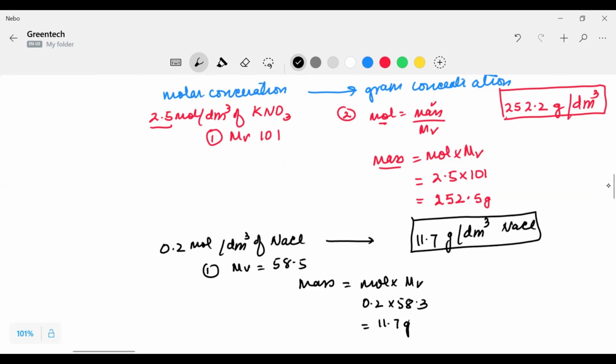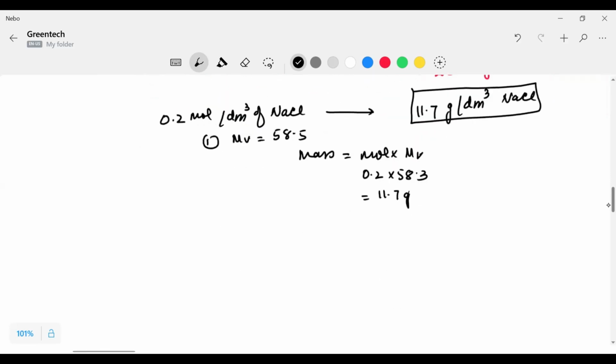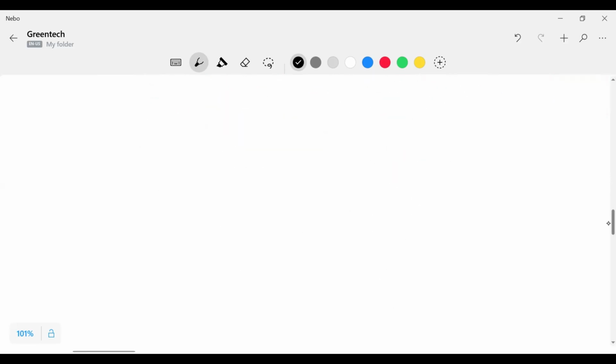I hope this particular problem is clear. This kind of equations you can convert. All right. Now moving further. When we talk about the solutions in the lab, we actually make a solution in bulk, and we try to make it in the volumetric flask. The lab assistant makes the solution in bulk in the volumetric flask.